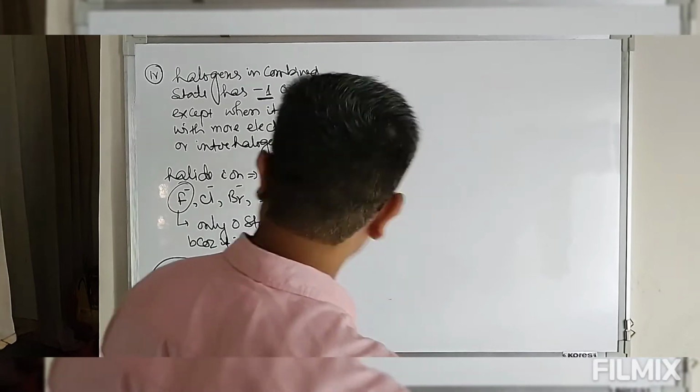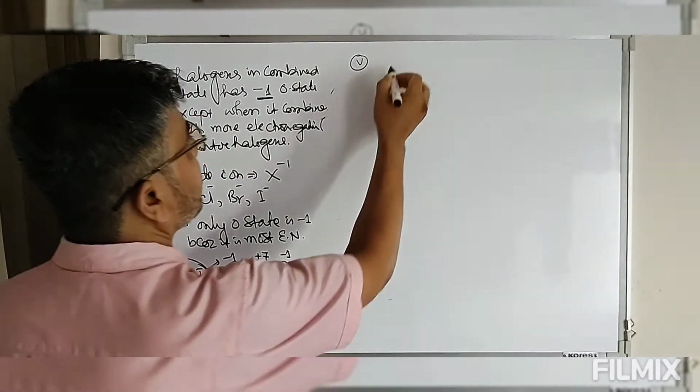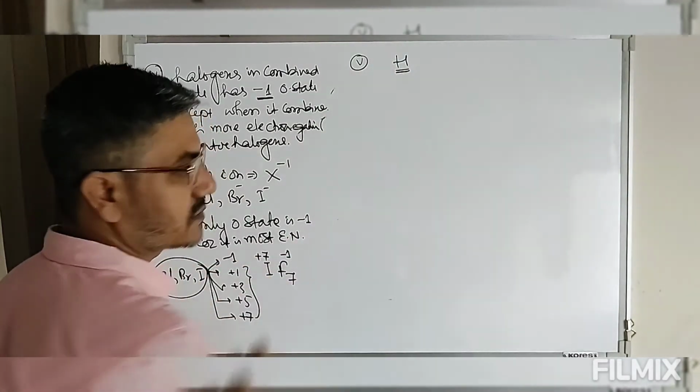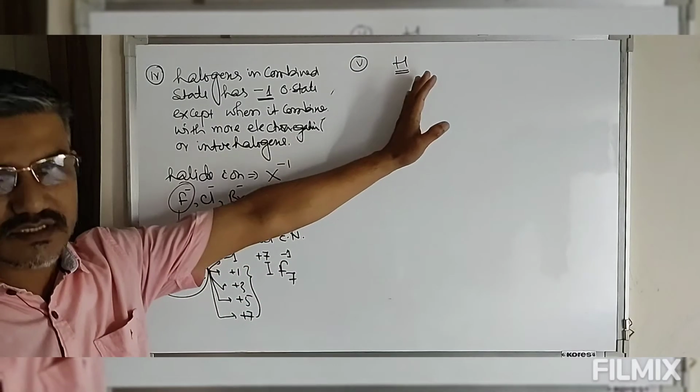Now let's take the case of hydrogen. Hydrogen can have different oxidation states. In elemental state, we have 0 oxidation state.